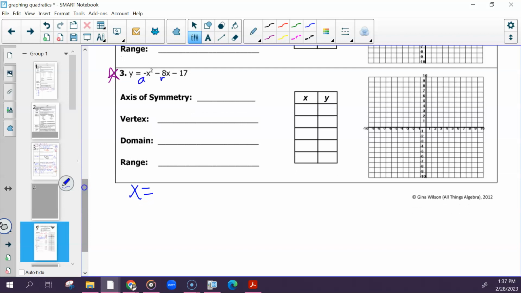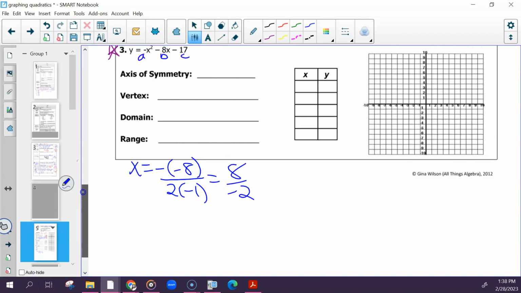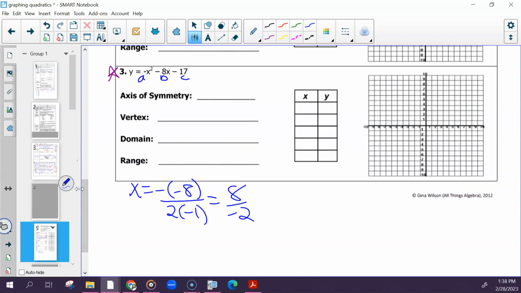So we have A, B, and C. So this would be negative 8 over 2 times negative 1, or 8 over negative 2. So our axis of symmetry would be what? -4.